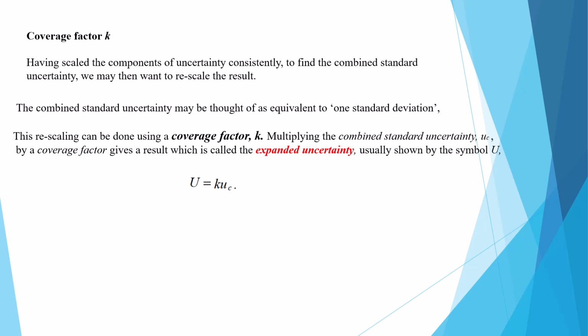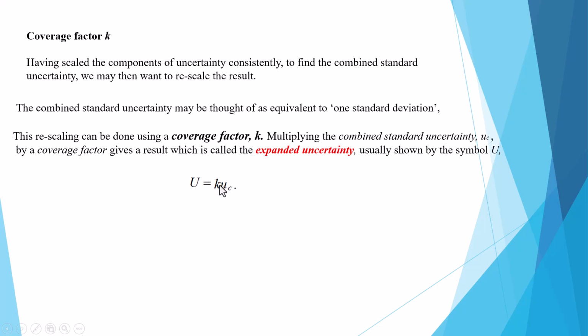So with the combined standard uncertainty, now you can go to the coverage factor k. The combined standard uncertainty may be equated to one standard deviation. Having combined the components of uncertainty to find the combined standard uncertainty, we must rescale the result to report it. The rescaling can be done using the coverage factor k. We multiply the combined standard uncertainty by this coverage factor, this k factor.